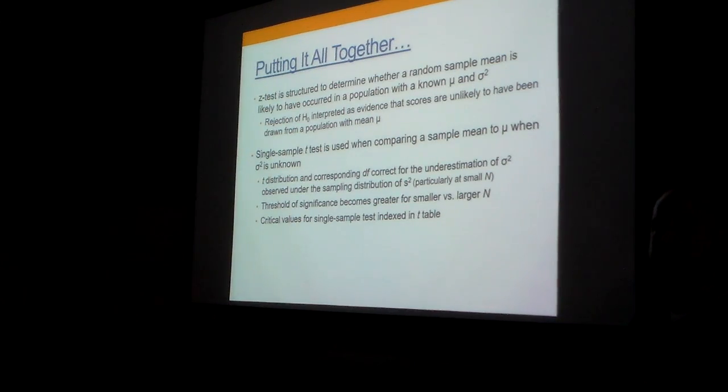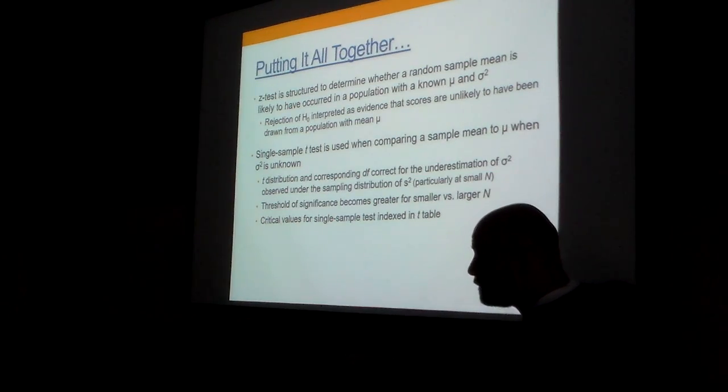Particularly at small sample sizes, we expect increasingly large biases as our sample size gets smaller. The threshold for significance starts to become greater for smaller versus larger samples. And so we get these critical values for a single sample test outlined in our t table here.